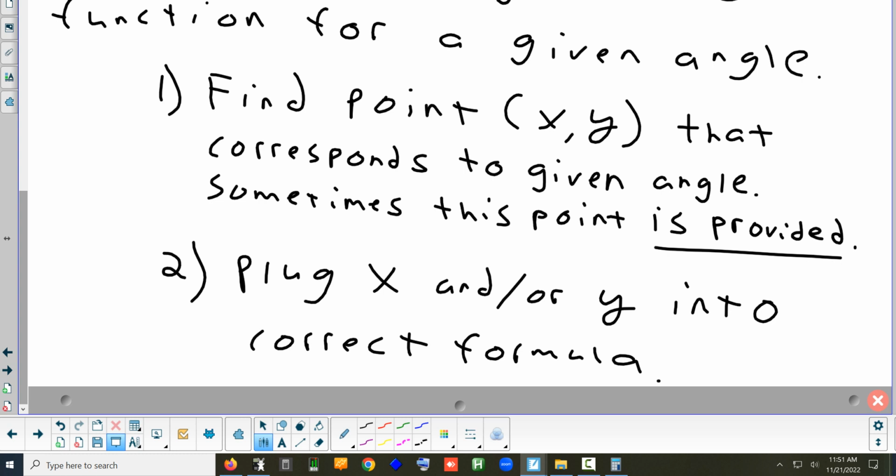Generally on the test, I'll ask you for 1 trig function per problem, like find cosine of 180 degrees. That would be a test question. In class, we'll practice all 6: the sine, the cosine, the tangent, and so on. So we're going to use all the formulas.